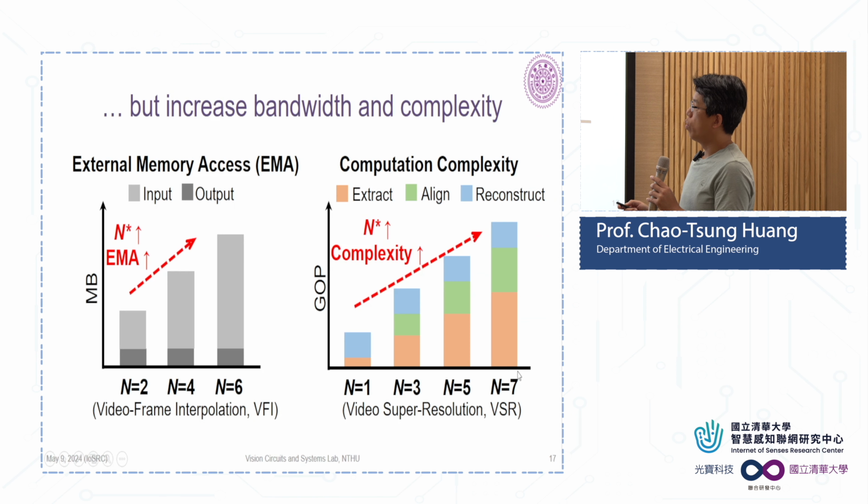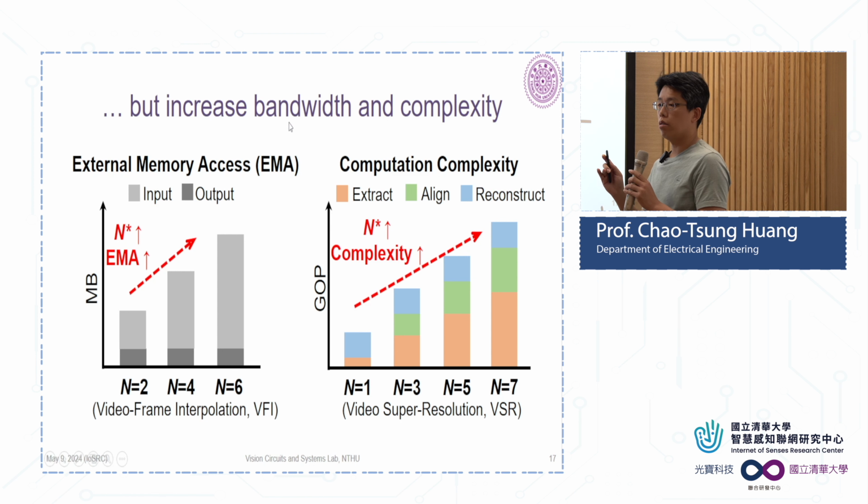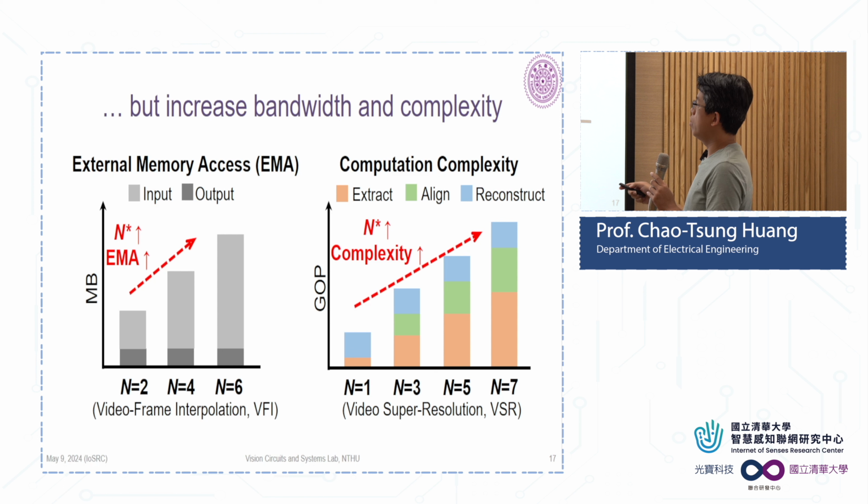But when using video CNNs, we also increase memory bandwidth and complexity, in particular for the extraction part. For example, for the numbers here, we have 7 input frames, so we increase the complexity by a lot for the extraction part.